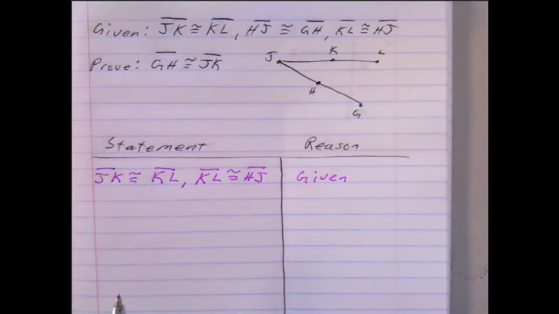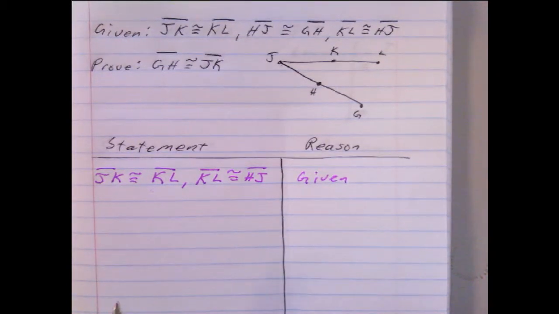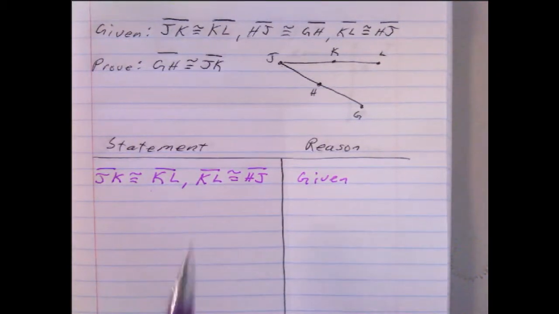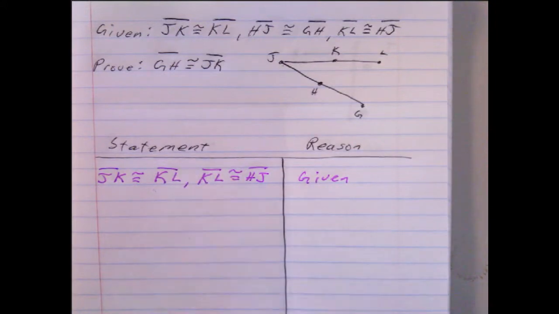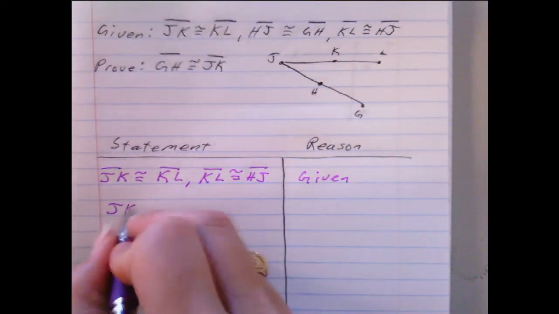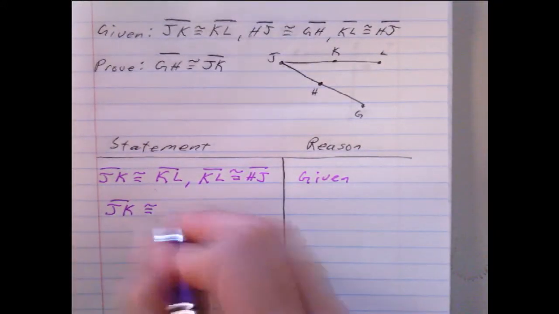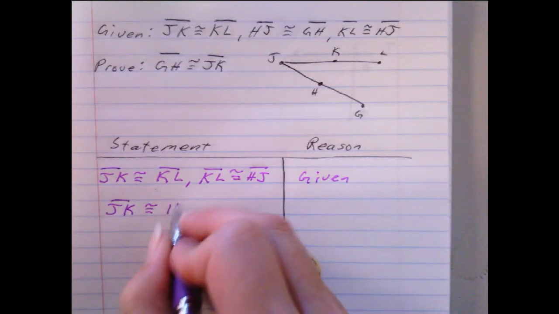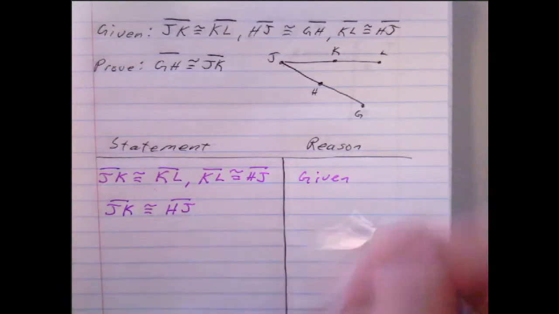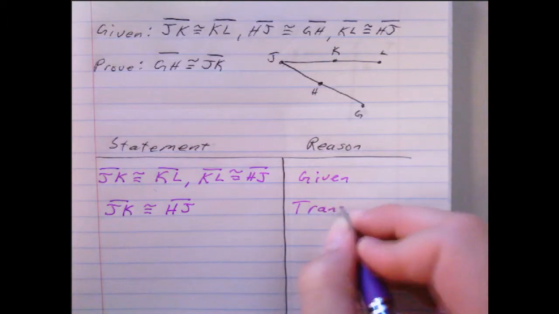So with this one, I know that I can say that JK and HJ are going to be congruent to each other because of that transitive property. Okay, so I just took out this middle, smushed it together, so I have JK is congruent to HJ, and that is transitive.